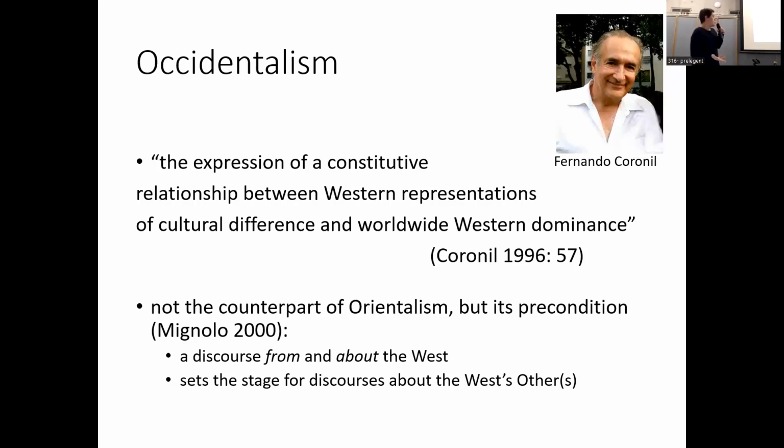So Occidentalism is then, although I admit, a more cumbersome term than Eurocentrism, one that actually does more justice to the way a discourse from and about the West set the stages for discourses about the West's others, but that included the West's others within Europe, and that included discourses from other parts of the global North, such as the US, about others, so that we could hardly speak about the US's Eurocentrism, right? That doesn't make any sense, but US's Occidentalism does.